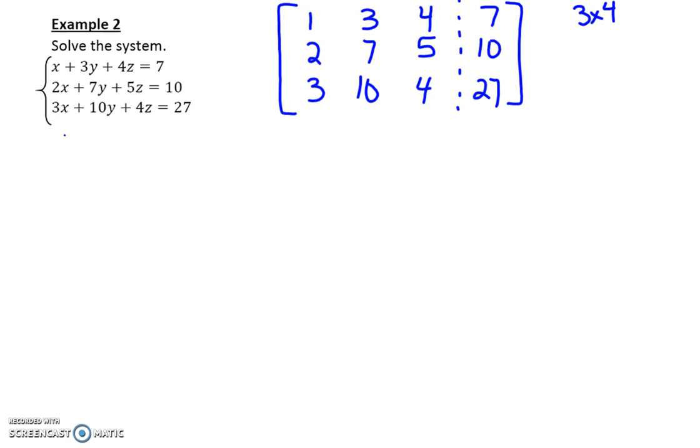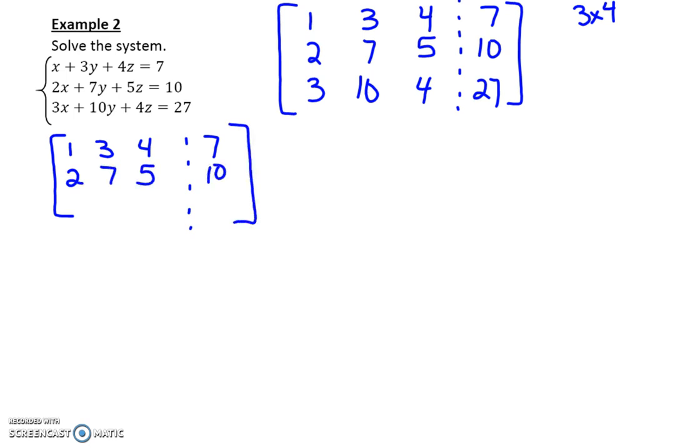So I am going to just rewrite the first row and the second row. All right, and then for the third row, I am going to take row 1 and subtract row 3.